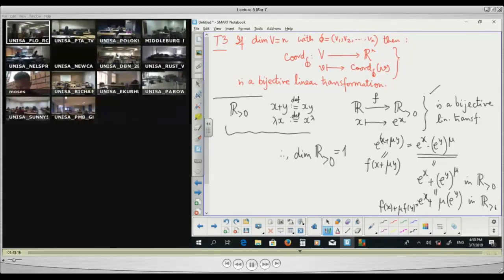So in its form, however it might look like, as a vector space, it is nothing other than the reals. Okay? So that's the whole story. Clear? Okay. Now the next part: how does this relate with linear transformations? That's where I'm coming now.